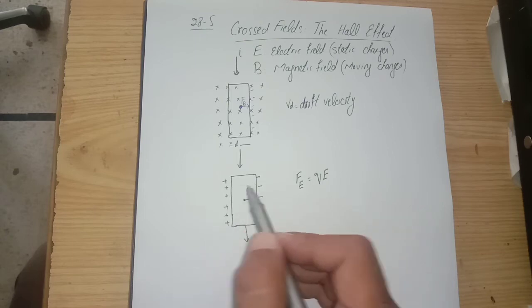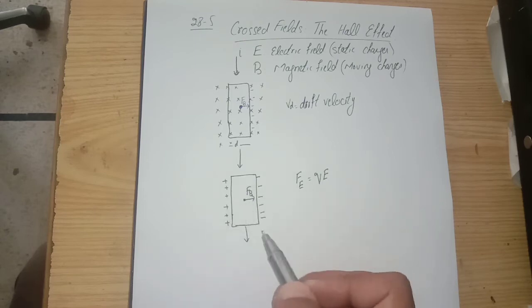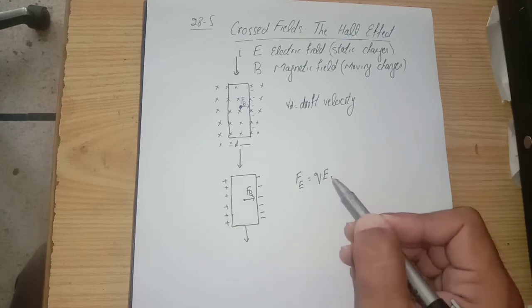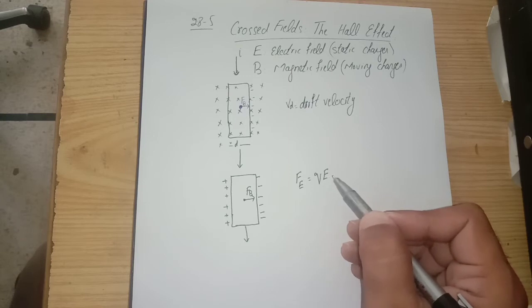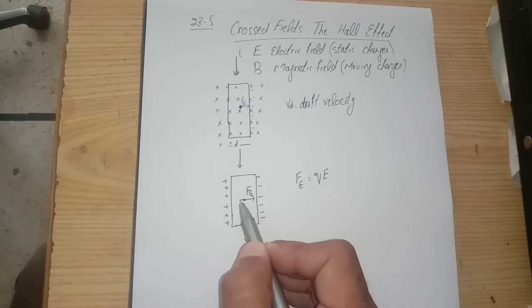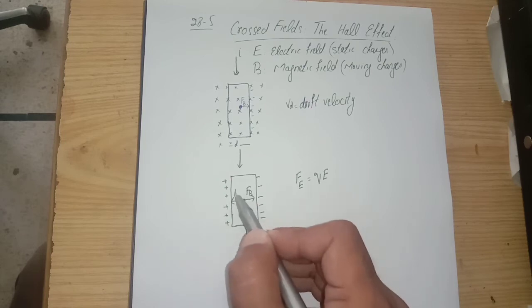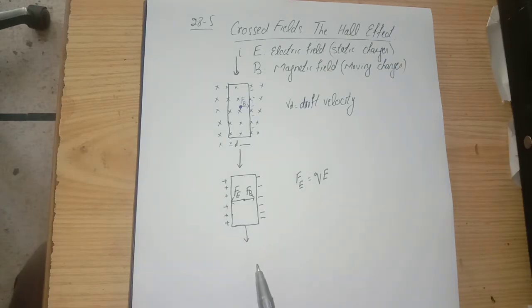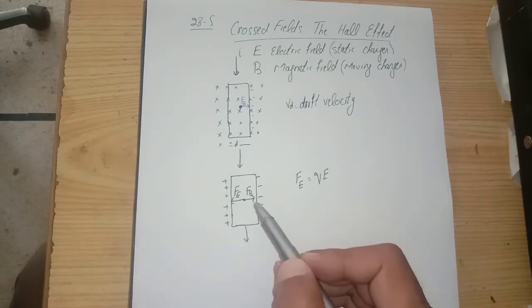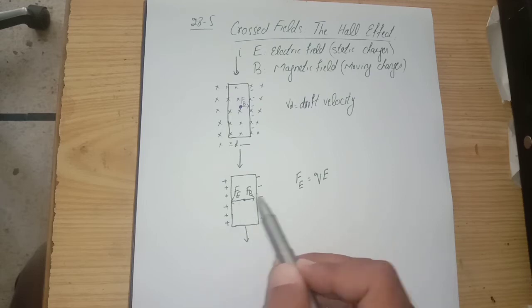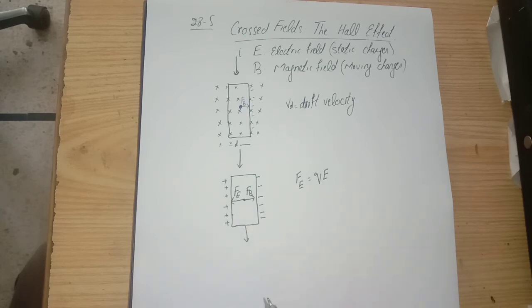The electric force has the same direction as that of electric field. As electric field would be from positive to negative charge, this electric force would be from right towards left. So the magnetic force would be from left to right, and electric force would be from right to left.